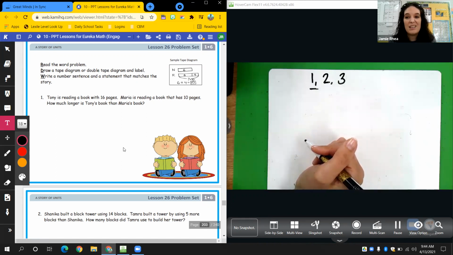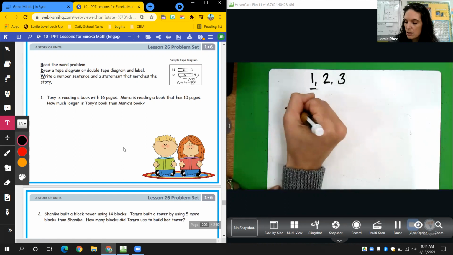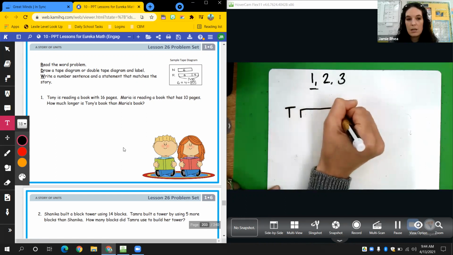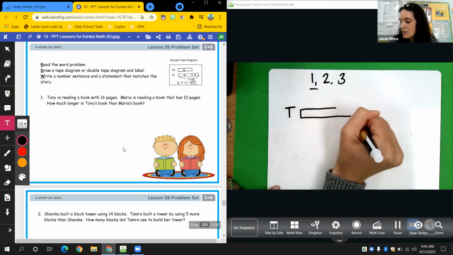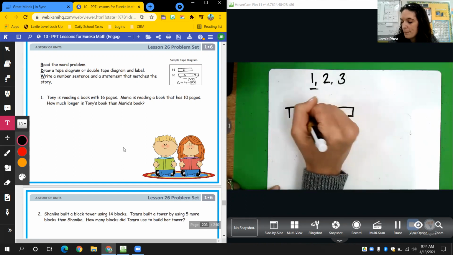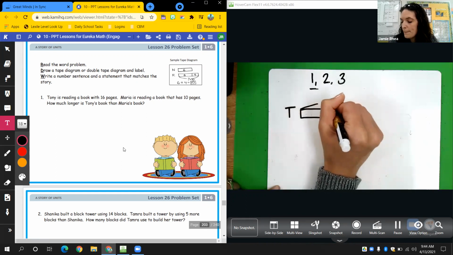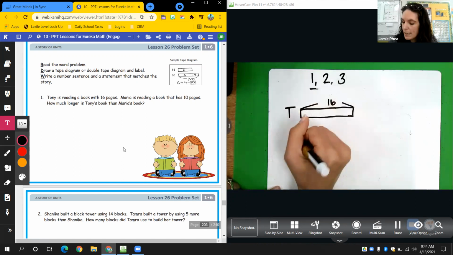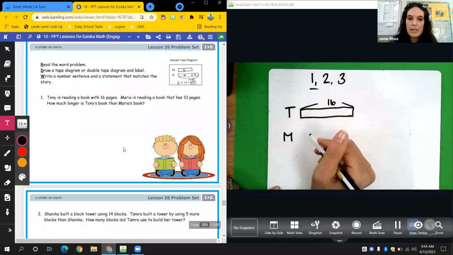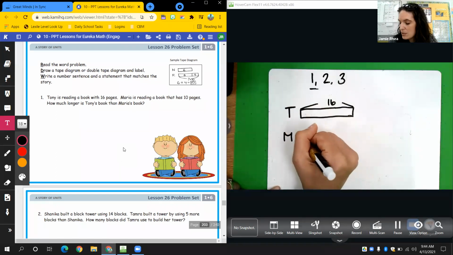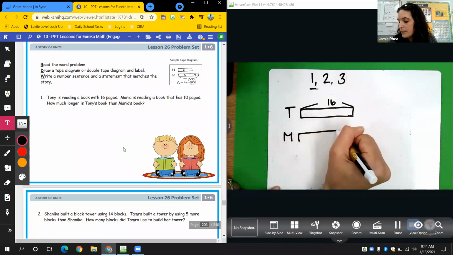Okay, now this one's kind of easy. Tony read how many pages? 16 pages. So that was his total. Maria is reading a book that has 10 pages. So we're going to make it a little smaller.